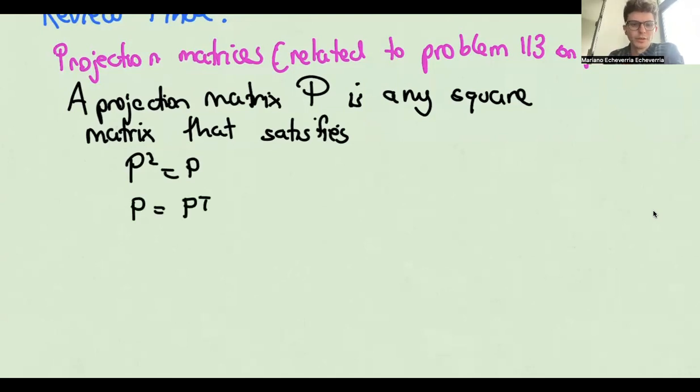The second condition is just saying that the matrix is symmetric. So any matrix that has these 2 properties is a projection matrix for us.